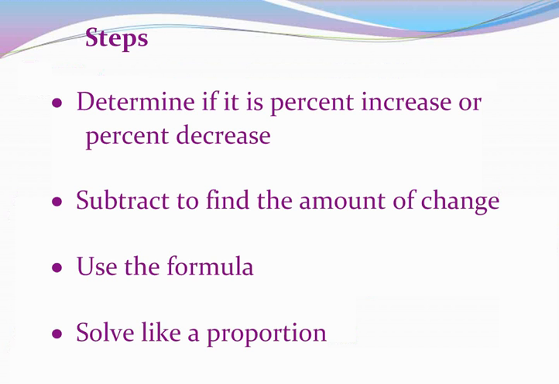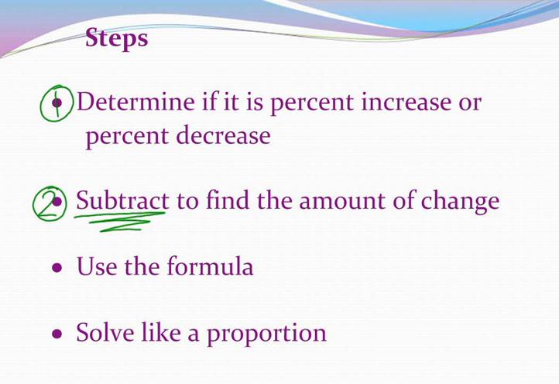Next, I have some steps. These are the steps that you need to follow in order to complete a percent of change problem. Step 1 says determine if it's a percent increase or a percent decrease. Does it go up or does it go down? Step 2 says subtract to find the amount of change. This step is the number one thing that students forget to do. Make sure you're subtracting. Underline that subtract. Bold it, highlight it, something.